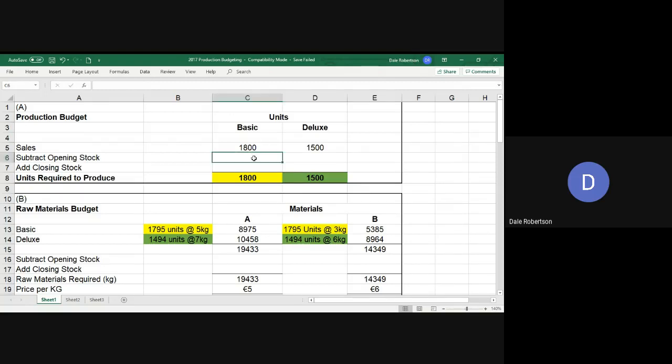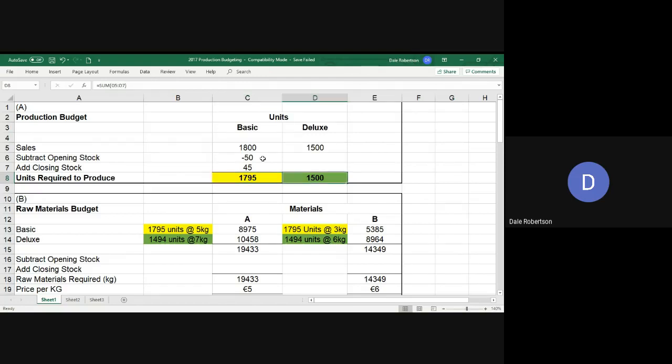Now, opening stock, I'll put that in as a minus 50, because you do not need to produce those. If they're opening stock, they're already sitting there. However, you do need to produce your closing stock. Now, closing stock is going to be 10% less than opening stock. So 10% less than 50 is 45.